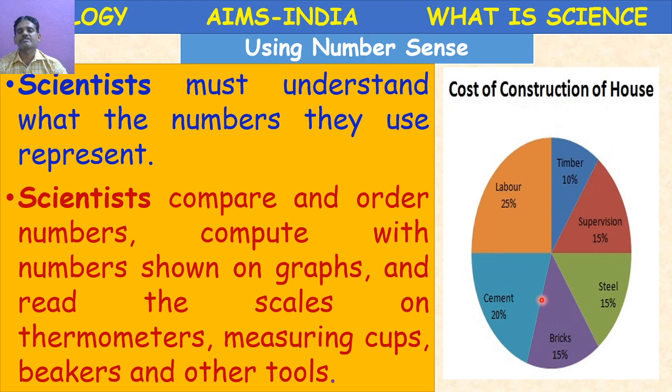Total 100% is divided like this. You are representing this, and it is called a pie chart. Using different colors, you are differentiating the amount invested, so that everybody can clearly understand how much investment has been done on this particular house.